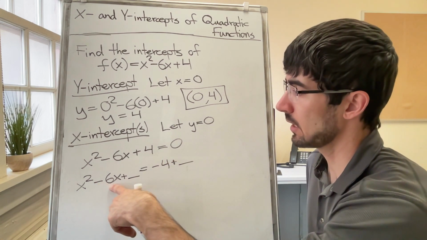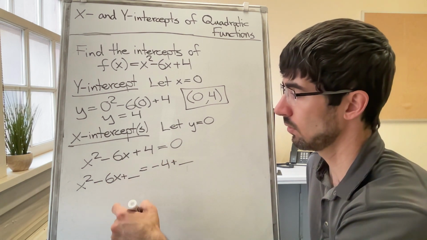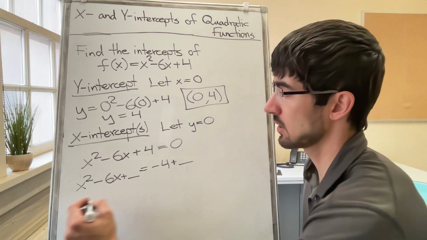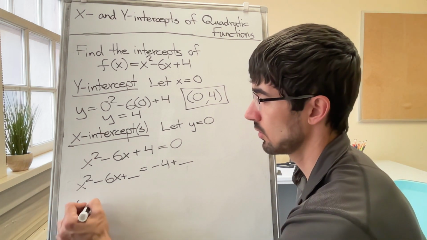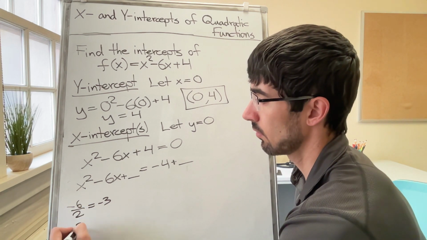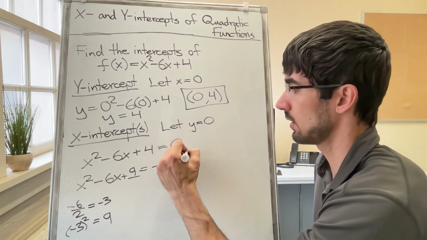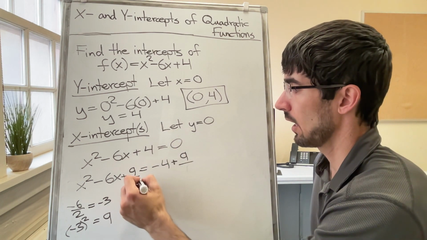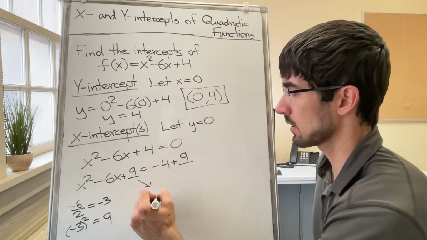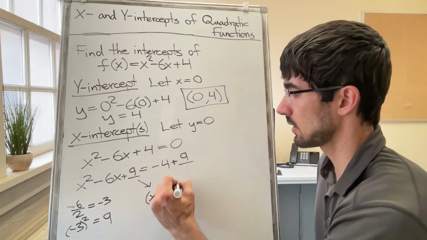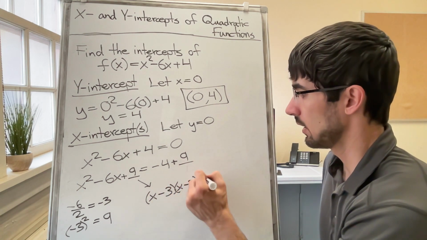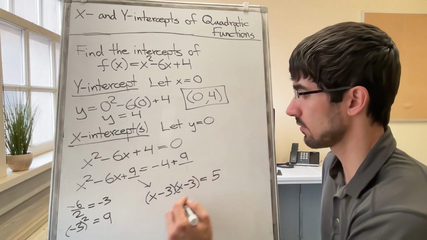The amount I need to add is negative 6 divided by 2, which is negative 3, and then square it. So negative 6 over 2 equals negative 3. Negative 3 squared is positive 9. So I need to add positive 9 to both sides. And I get this: x minus 3 times x minus 3 equals negative 4 plus 9, which is 5.